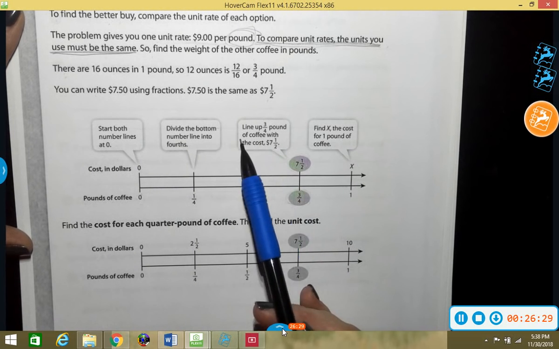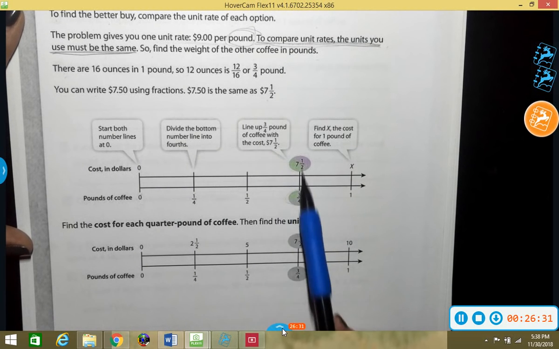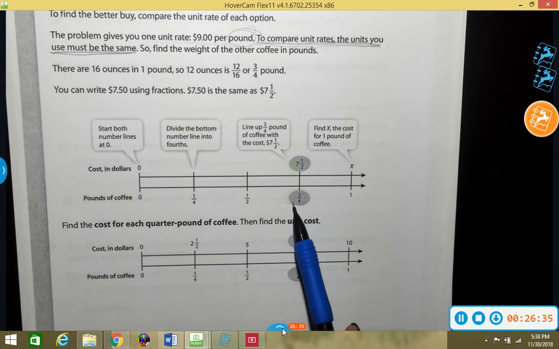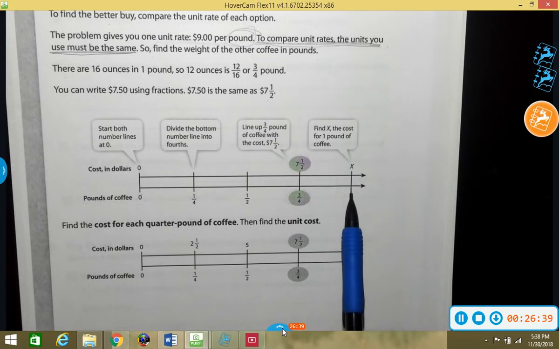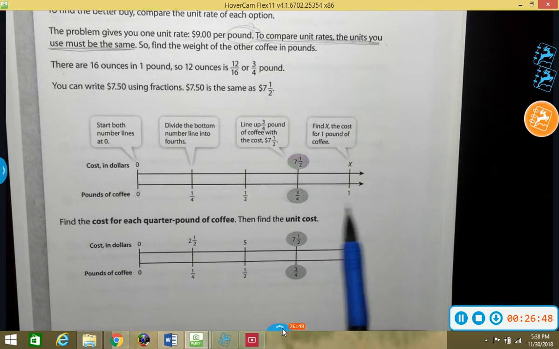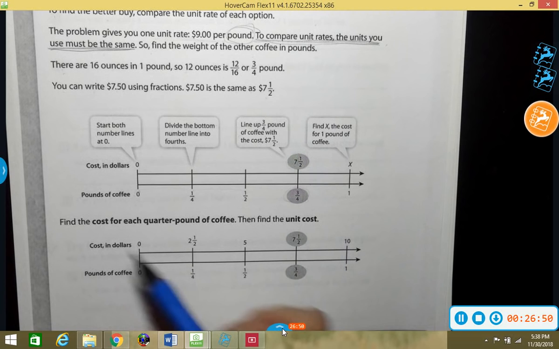Line up 3/4 of a pound of coffee with the cost $7.50. We're lining those up because that's what it told us it cost. So find X, which would be the cost for 1 pound. We want to compare. We know that it's $9 per pound for this one coffee. How much would this one be if it was 1 pound?